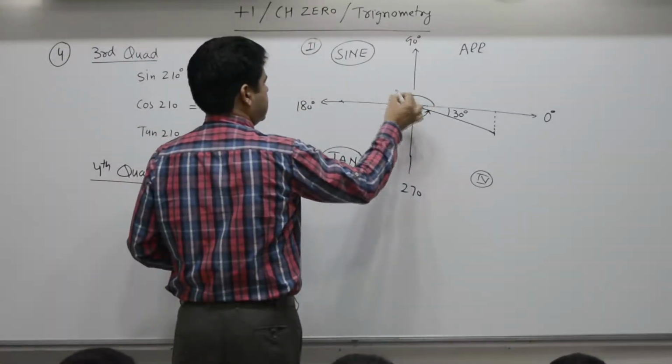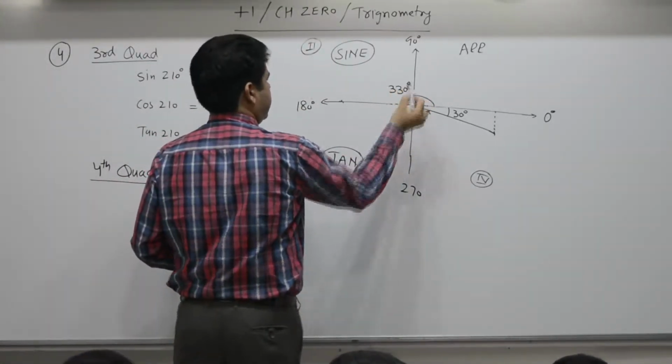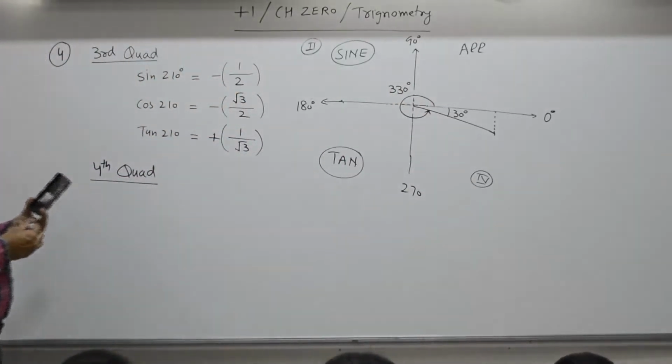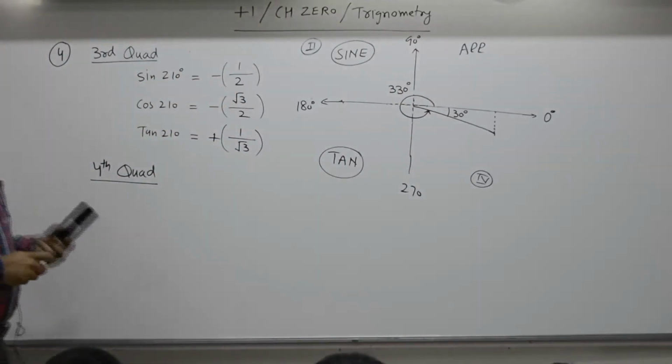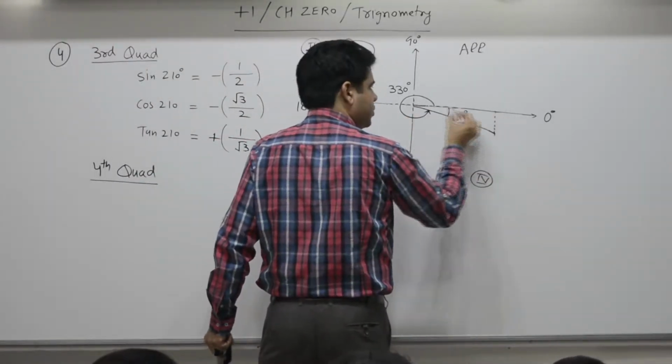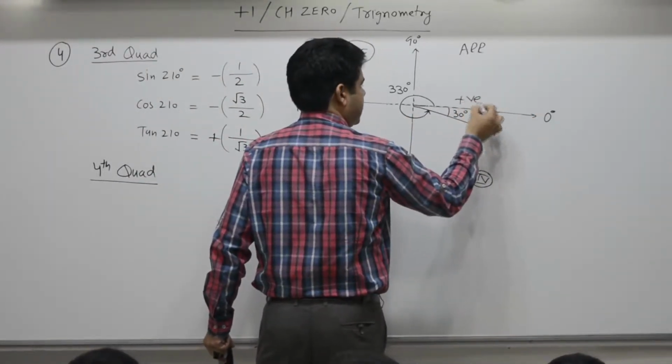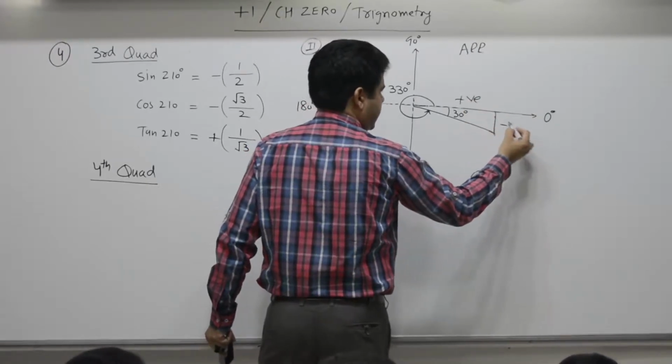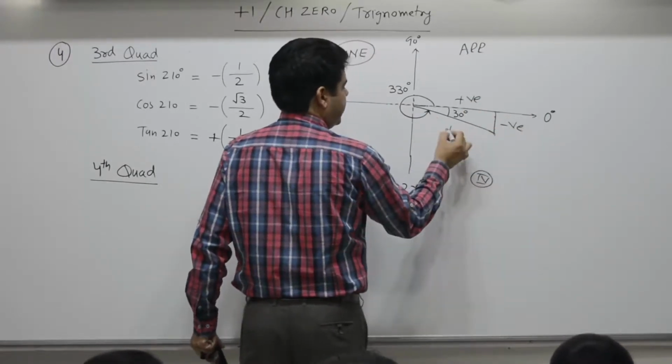This total angle is 330 degrees. Right side below. This right side, the positive x-axis, is positive. This is downwards, negative. This is always positive.